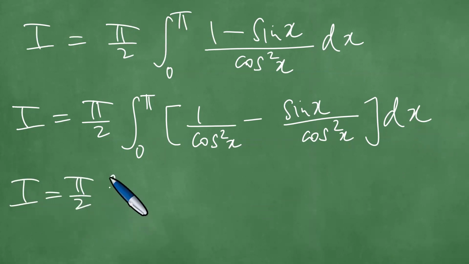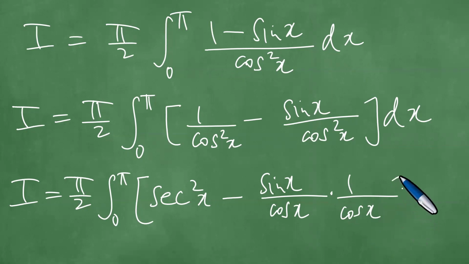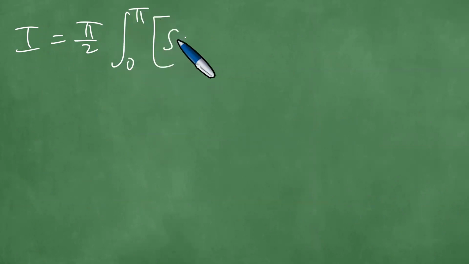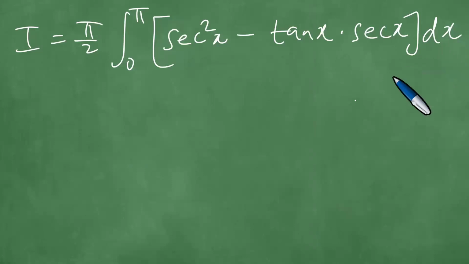So here 1 over cosine squared becomes secant squared x, and this other term is the same as sine x over cosine x multiplied by 1 over cosine x. So I equals pi over 2 times the integral from 0 to pi of secant squared x minus sine over cosine, which is the tangent, times the secant x, dx.